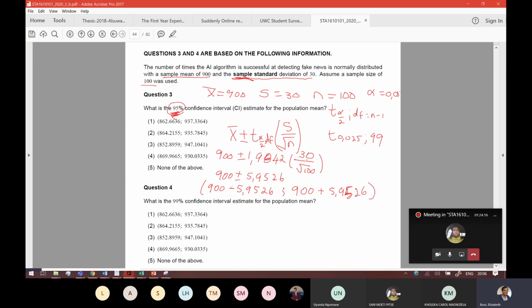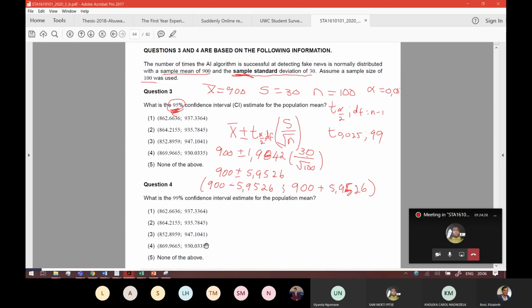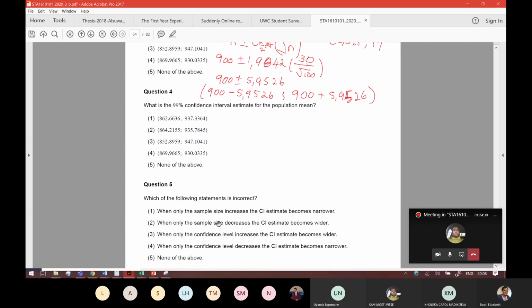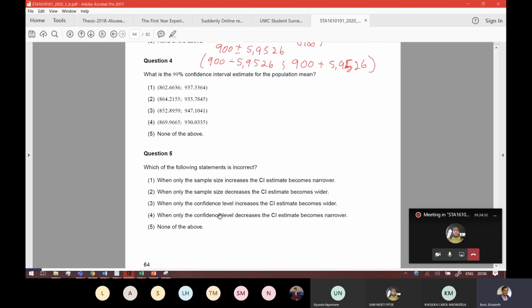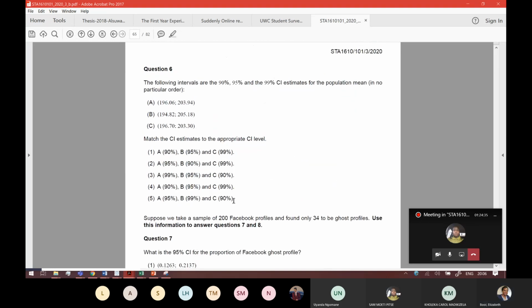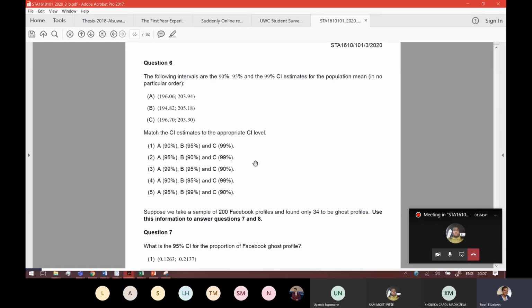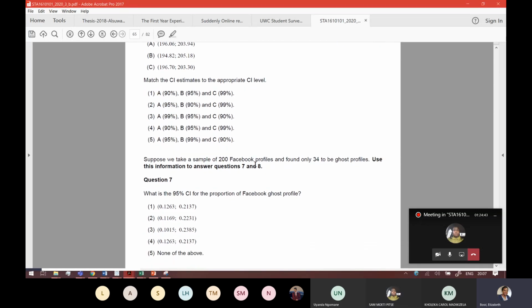You can go find the answer. I'm not going to give you the answer. So you will see which one is the correct answer and answer that. You should be able to also do question 4 and answer some of these questions, and question 5 and 6 as well.